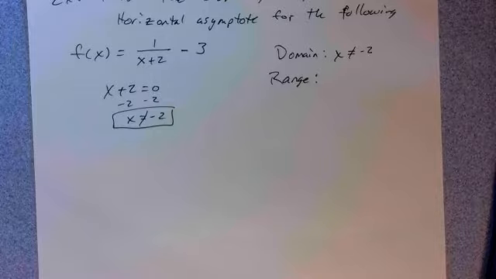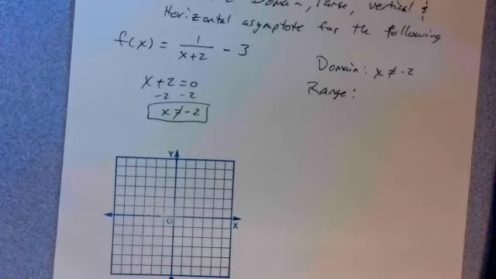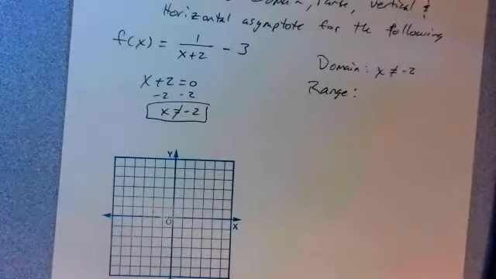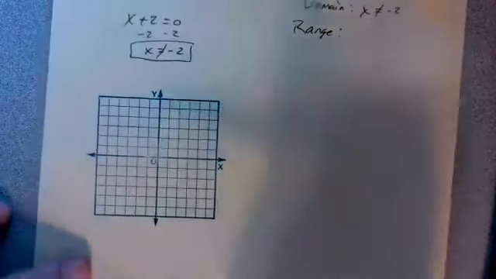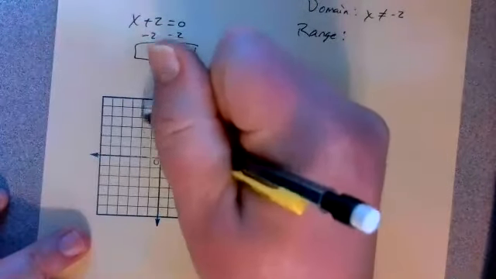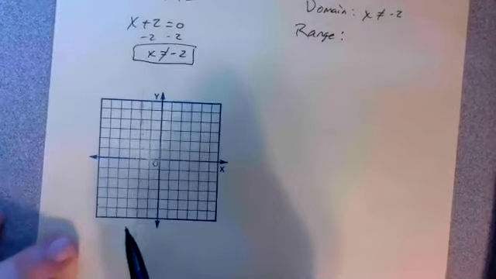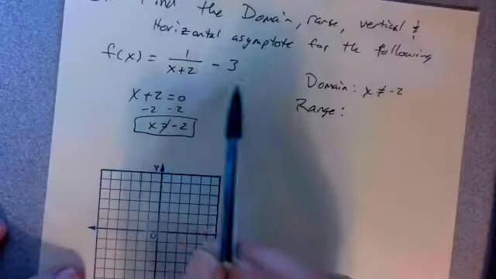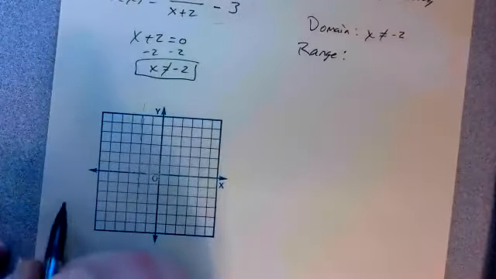So a quick outline of that graph. Let's take a look at the visual here. We know that at negative 2, we're going to have an asymptote at negative 2 because the denominator can't equal negative 2. So vertical asymptote there. And then shifting down, we're going to move this thing down 3 units. So it's going to go here.